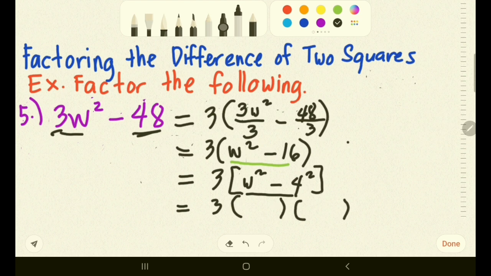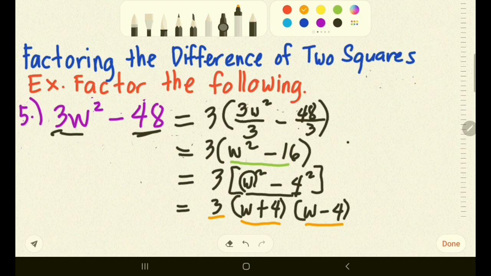Get the base: w, and the base for this, 4. So plus 4 minus 4. That's the pattern. So the factors of 3w squared minus 48 are 3, the sum of w plus 4, and the difference of w minus 4.